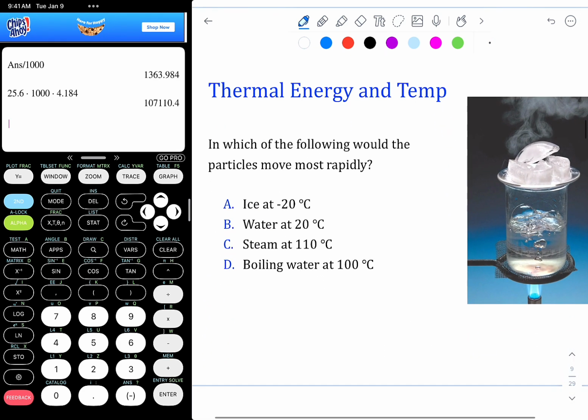So let's think about this. In which of the following would the particles be moving most rapidly? Would that be ice at negative 20 degrees Celsius, water at 20 degrees Celsius, steam at 110 degrees Celsius, or boiling water at 100 degrees Celsius? Well, particles that move most rapidly would have the highest thermal energy.